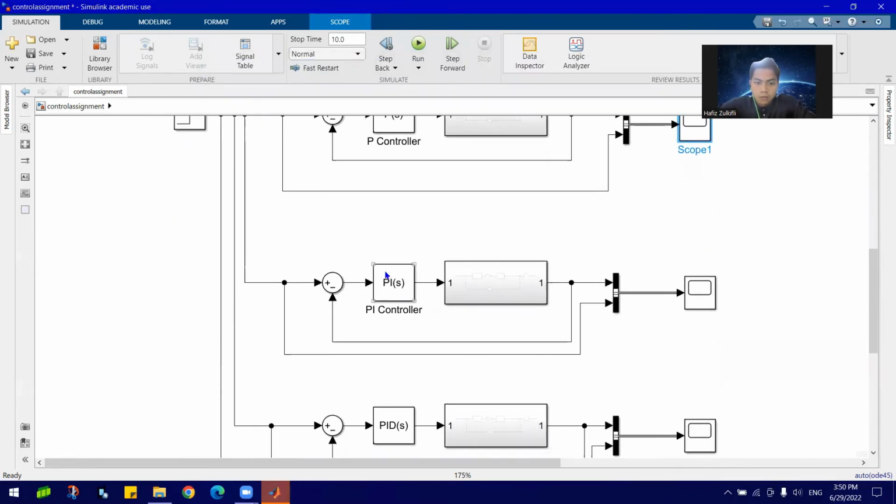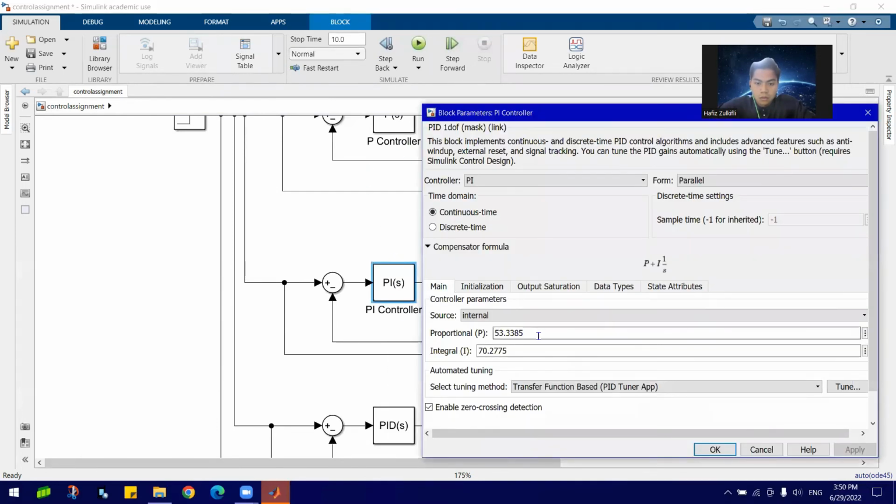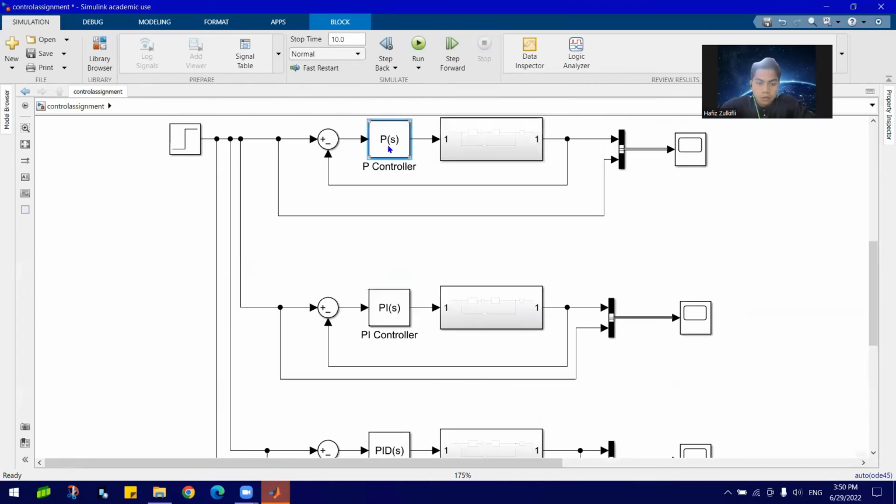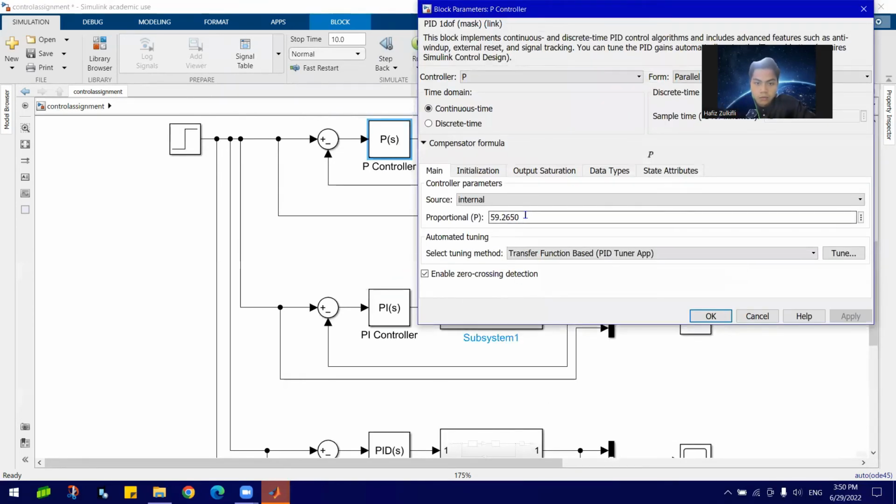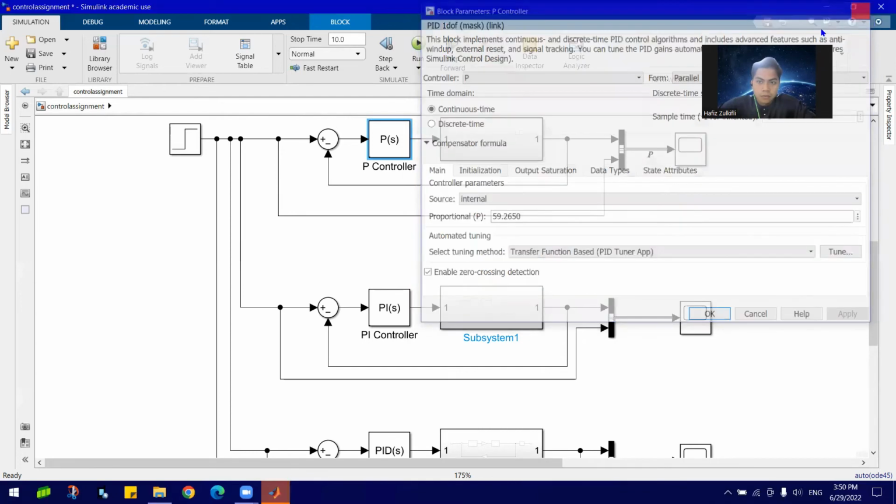So next we go for the PI controller. It's the same as the P controller. I forgot to mention that in the P controller, the value that I insert is from the manual calculation that was calculated before.